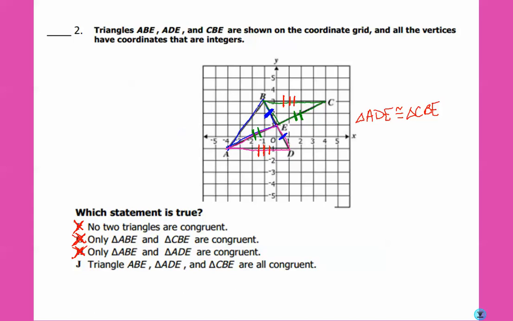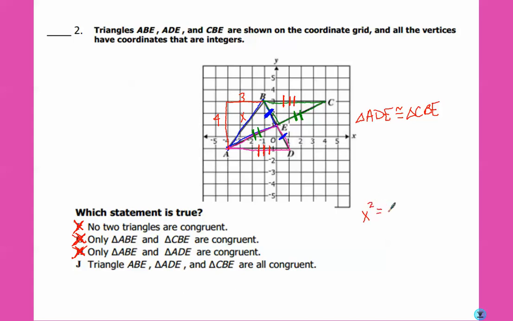So we don't know how long AB is, so we're going to use our Pythagorean theorem. This side is 1, 2, 3, 4. This side is 1, 2, 3. And this is the side we're trying to find. We want to know if it comes out to be 5, just like AD and BC.